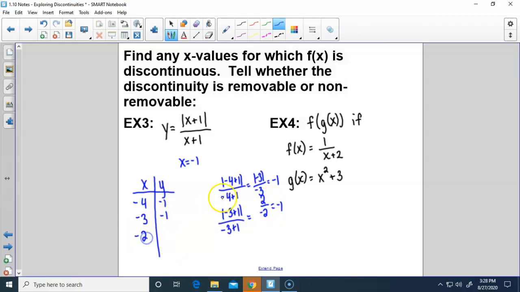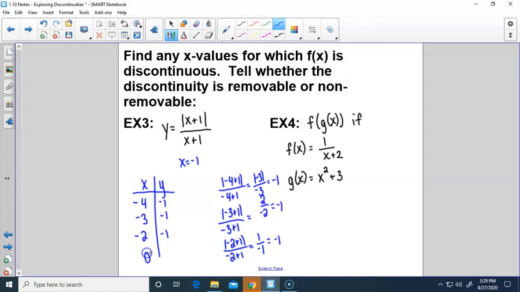And -2: the absolute value of -2 plus 1 over -2 plus 1 gives us 1 over -1, again -1. It's beginning to look like all the answers are -1. However, if I try to plug in -1, I would get 0 over 0, which we know is indeterminate, so I can't tell anything from that.